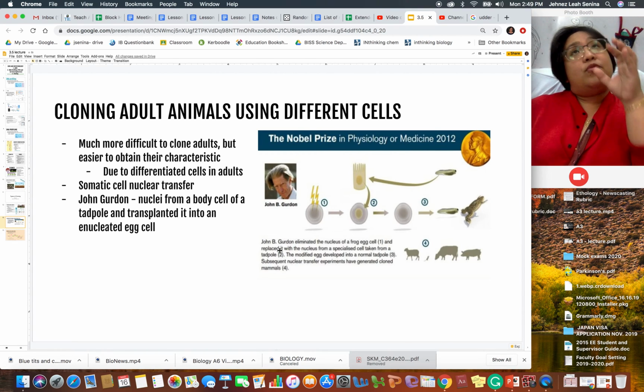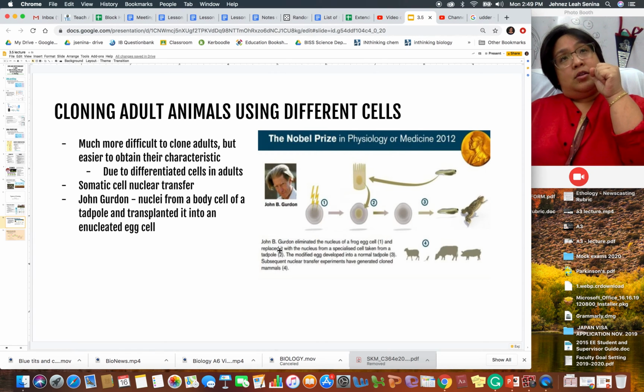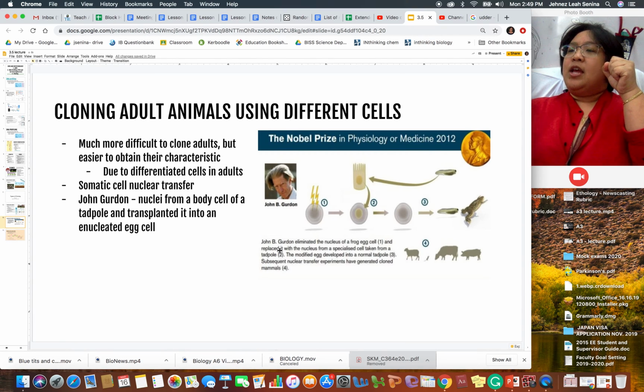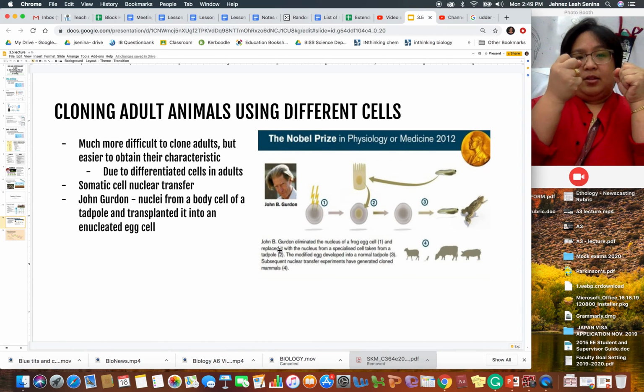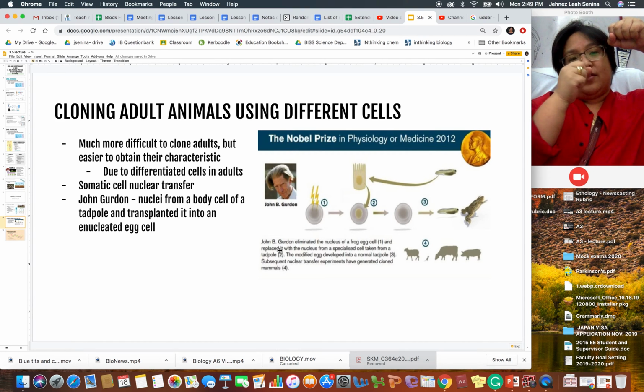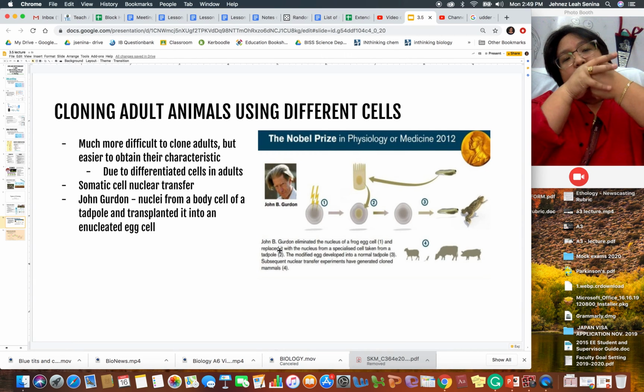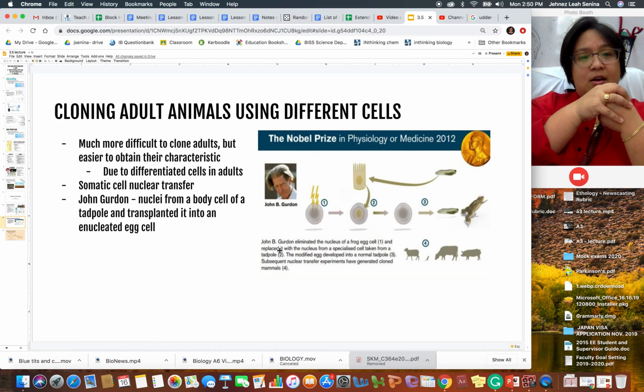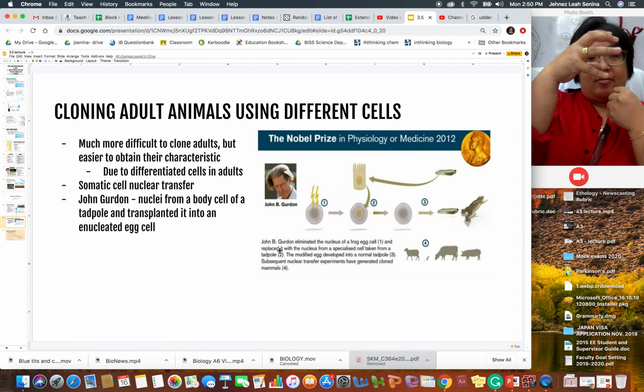So what he did was he removed the nucleus of a body cell of a tadpole, and then he used another egg cell and removed the nucleus of this. So this egg cell now has an empty nucleus. And then he used electricity so that the nucleus of this body cell will go inside this empty egg cell.